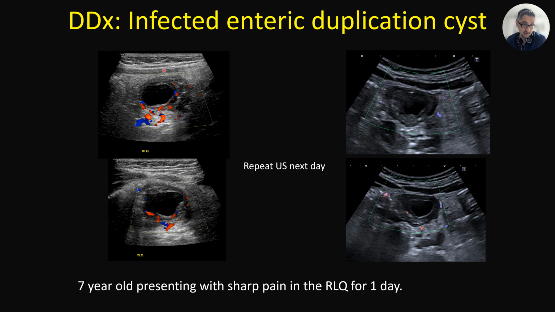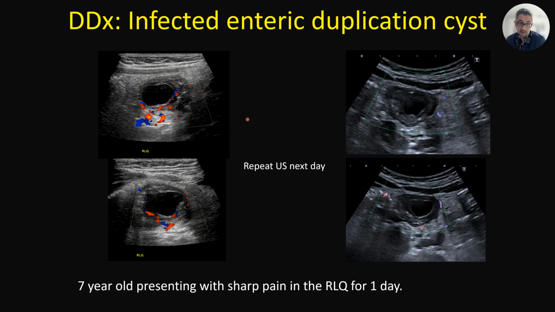Here is the initial ultrasound study in a 7-year-old presenting with sharp pain in the right lower quadrant lasting for 1 day. So this fluid-filled structure, too big for an appendix, but there is inflammation around it. There is hyperemia, there is echogenic fat, and the repeat ultrasound next day shows the same lesion but smaller.